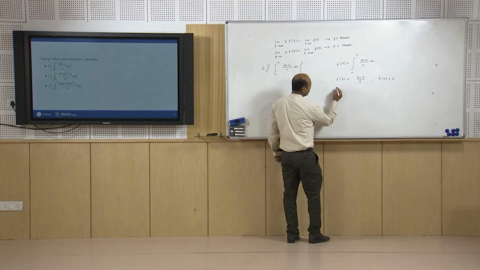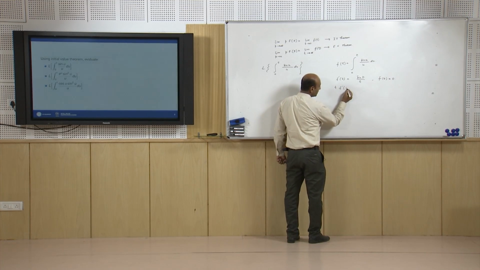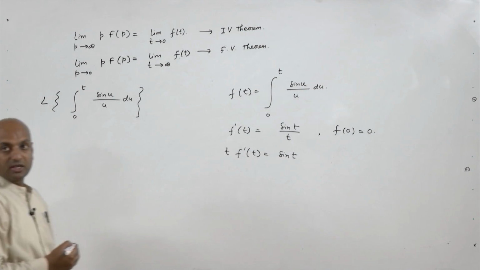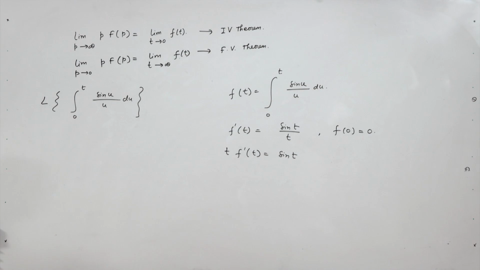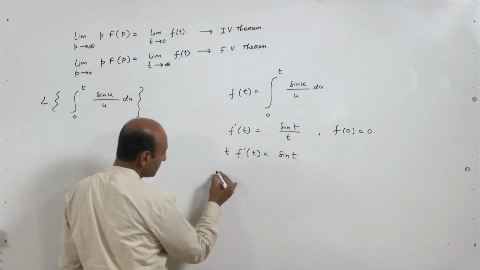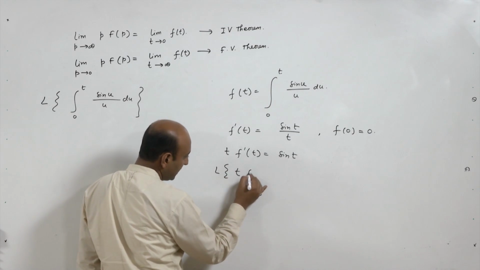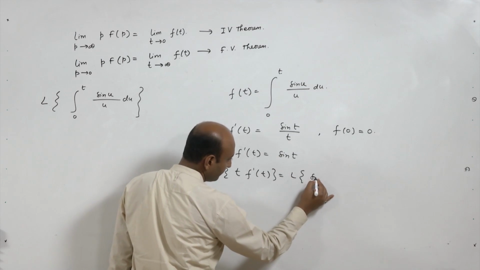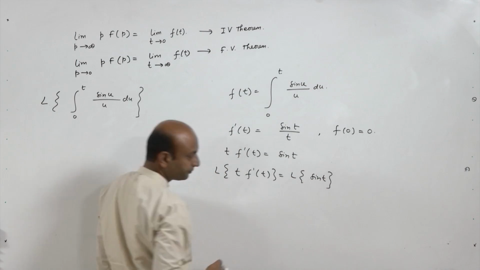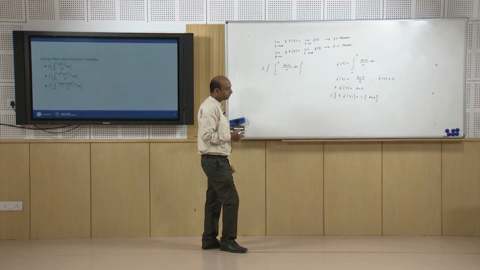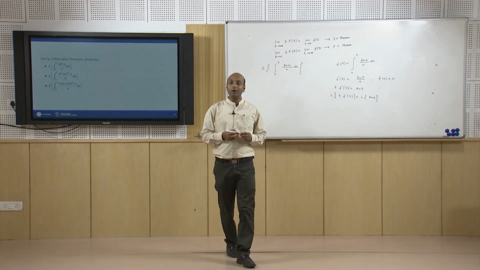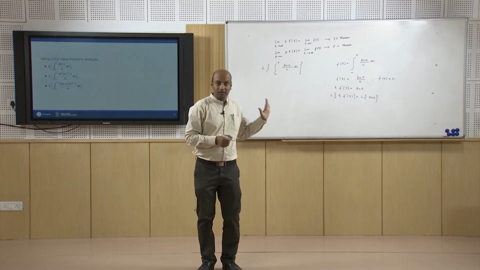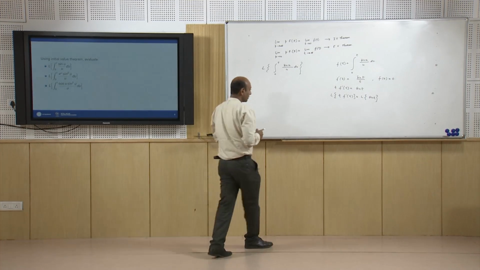Now here t f dash t is nothing but sin t, okay. Take the Laplace of both sides, so the Laplace of t f dash t is nothing but the Laplace of sin t. We are interested in finding the Laplace of f(t) using the initial value theorem, okay.